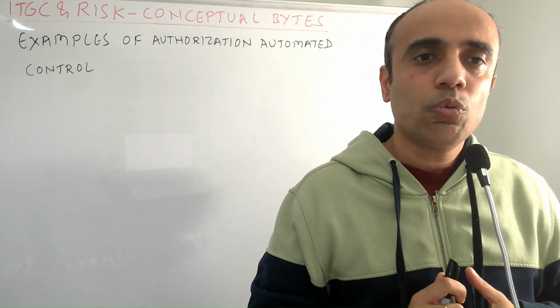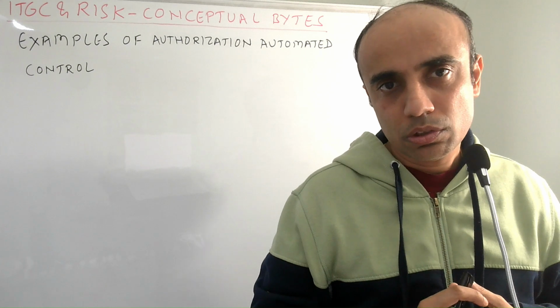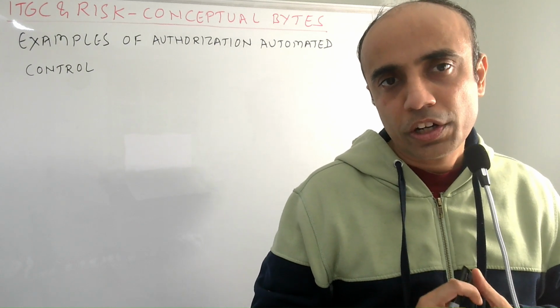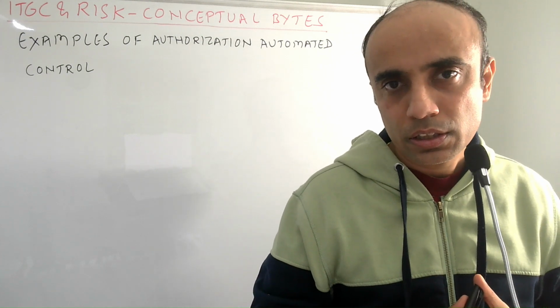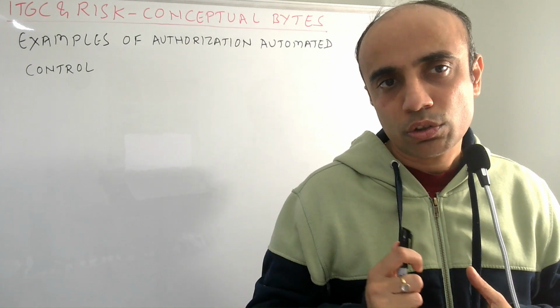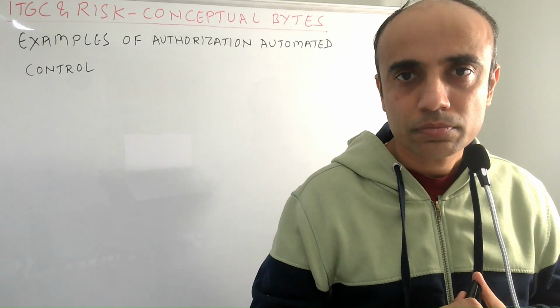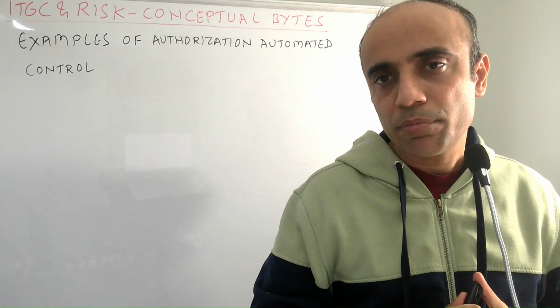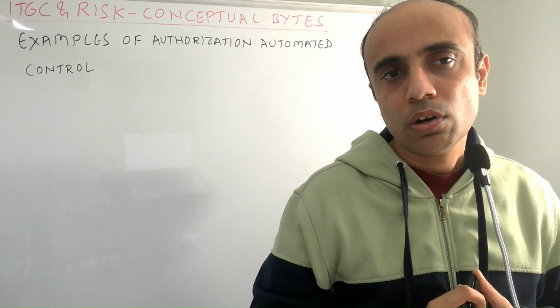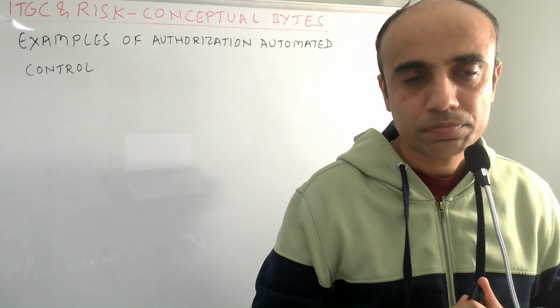So first, what is an authorization automated control? Automated controls to avoid unauthorized access to data is an authorization automated control. Let us go through a few real life business examples of authorization automated control.